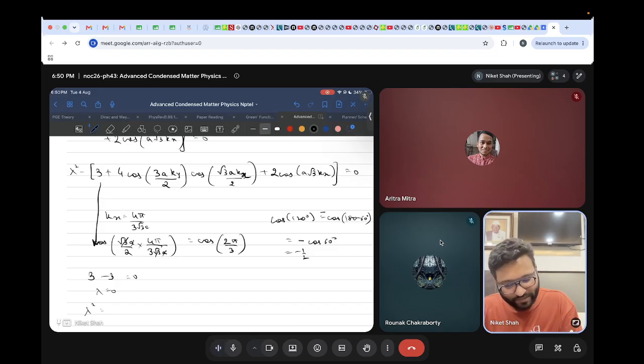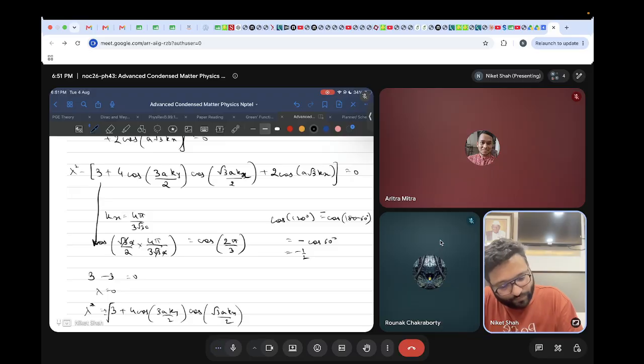So lambda square is this. So lambda is plus minus square root of 3 plus 4 cos 3a ky by 2 another cos root 3a kx by 2 plus 2 cos a root 3 kx.